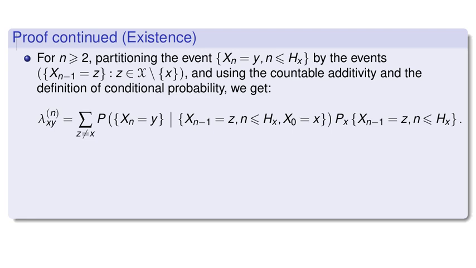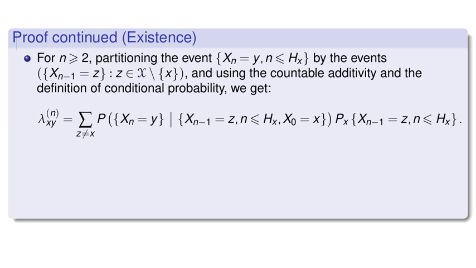For n greater than or equal to 2, we can partition the event X_n equals y and n is less than or equal to h sub x based on the state at time n minus 1. We sum over all states z in script X excluding x.